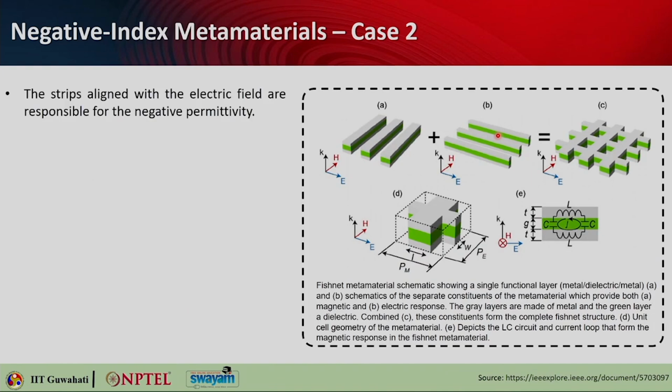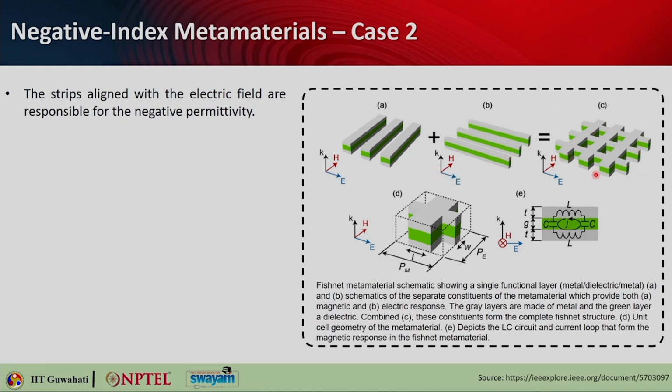As you can see here, this is the K vector. You have strips which are aligned along the H, that is the magnetic field. There are strips which are aligned along the electric field, and then you combine this together.